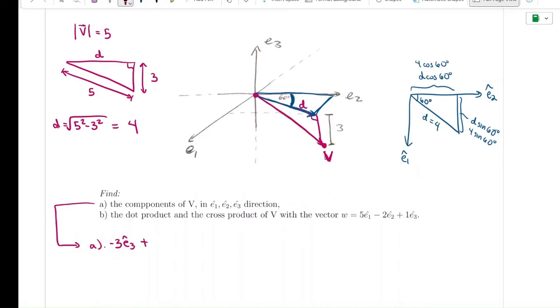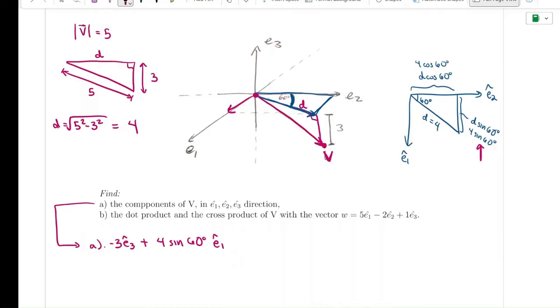And then now we have the E1 hat component, which from this vector, it points this way. That means it's equal to, we found that here, 4 sine 60. So sine of 60 is square root 3 over 2. I'm just going to write that later.